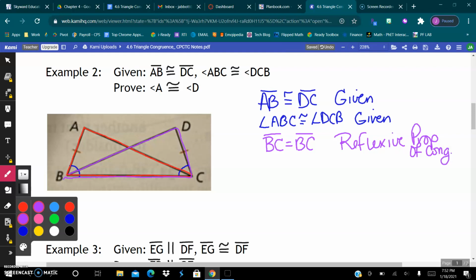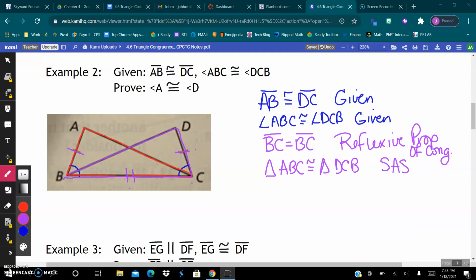So now we have this side here is congruent. We have the two angles, and then we have the side at the bottom. So that is side, angle, side. So we can say that triangle ABC is congruent to triangle DCB because of side, angle, side.